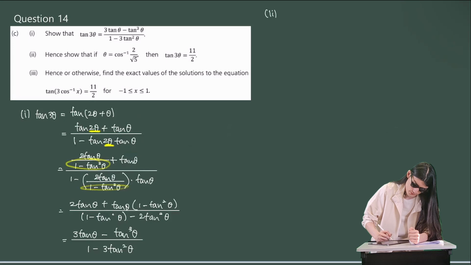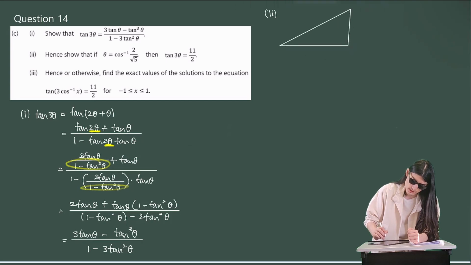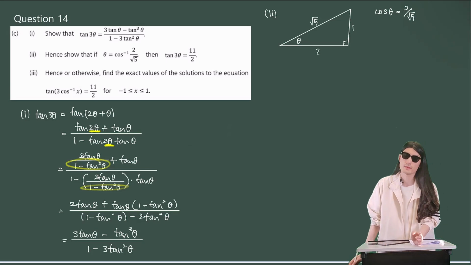So if theta is cosine inverse 2 on root 5, well, it then means, guys, that your theta, okay, is an angle inside a triangle, because the given information means that cos theta is 2 on root 5, meaning in the triangle that I've drawn over here, the ratio of the adjacent side to the hypotenuse is 2 on root 5, which means the opposite side is 1 by Pythagoras' theorem. Okay?